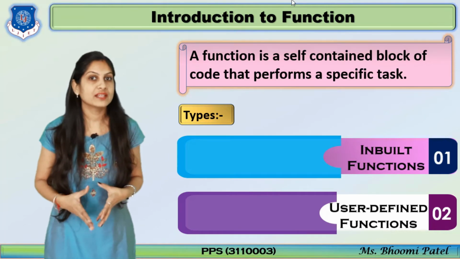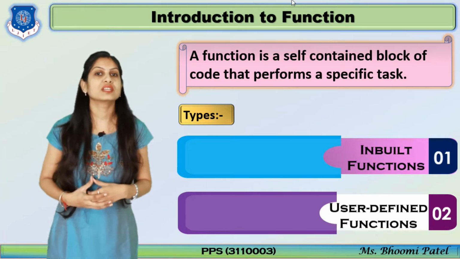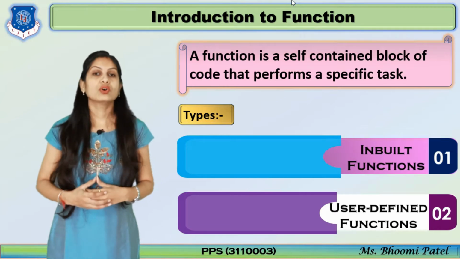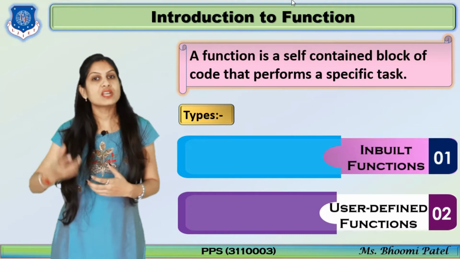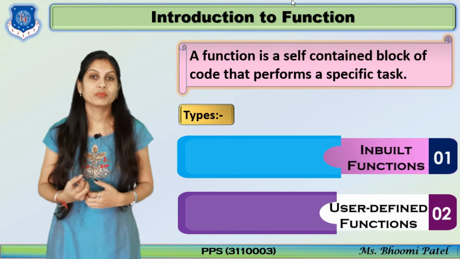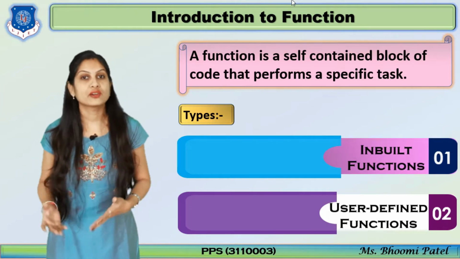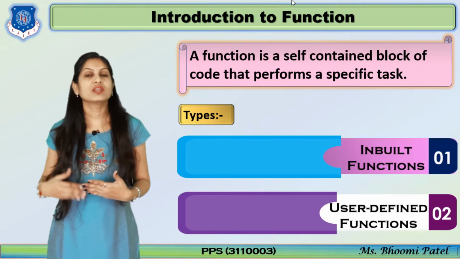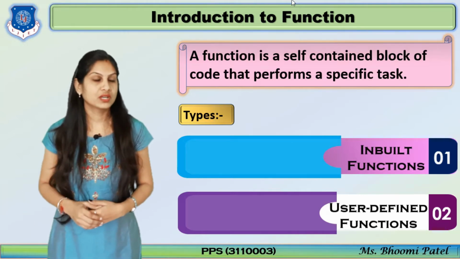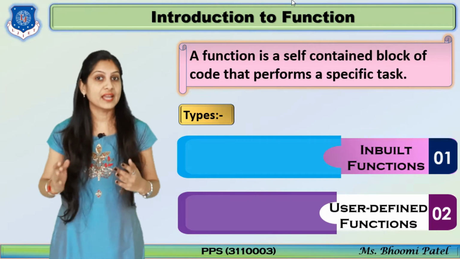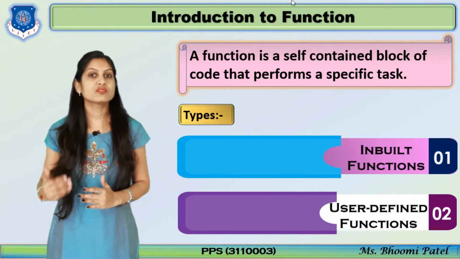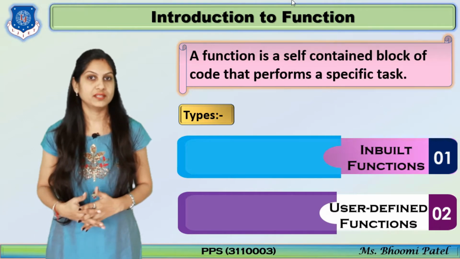In which header file are they used? They are used in string.h. Likewise there are so many inbuilt functions that we can directly call in our program. But suppose some functions are not available, then they can also be created by a user using the second type, that is user defined function. That is our chapter, that we have to learn how we can create it.